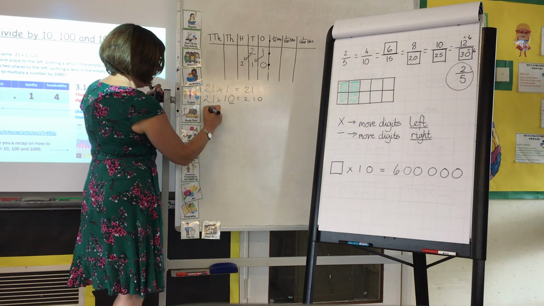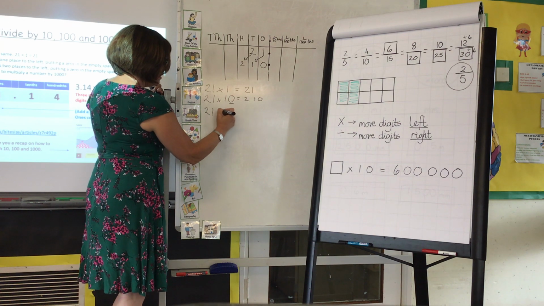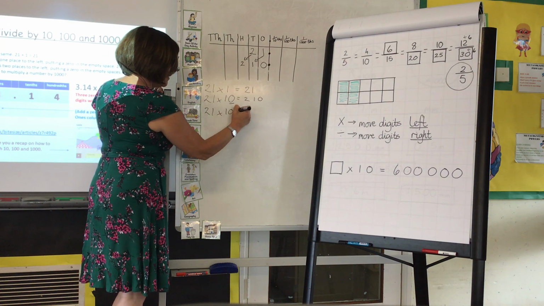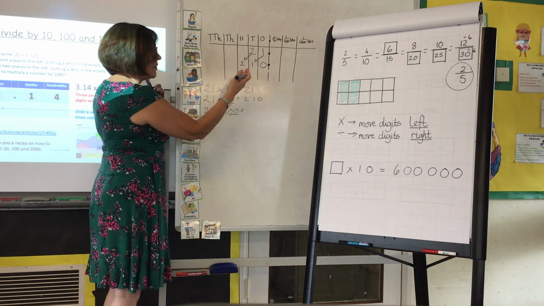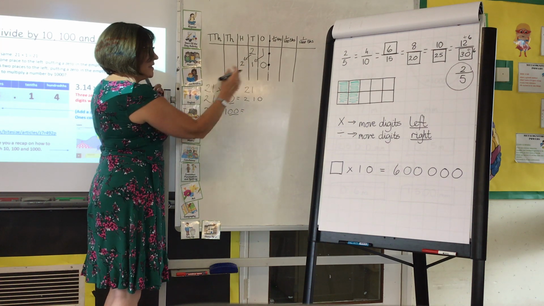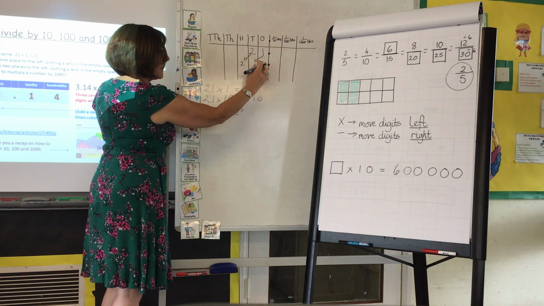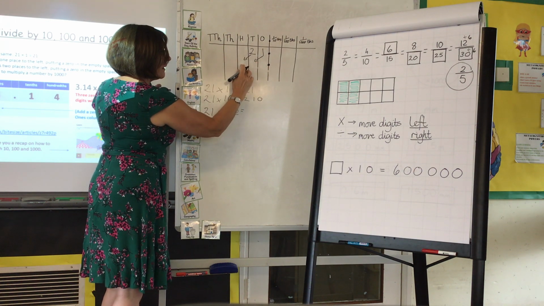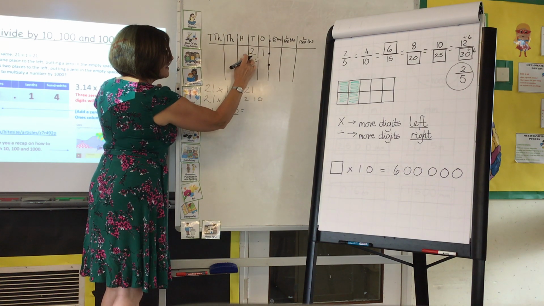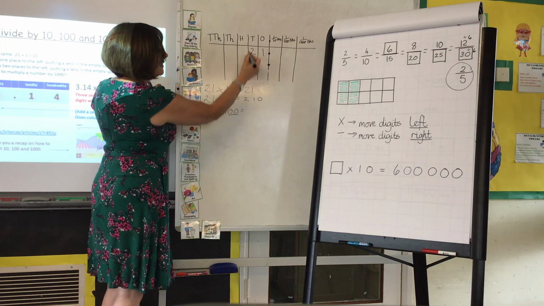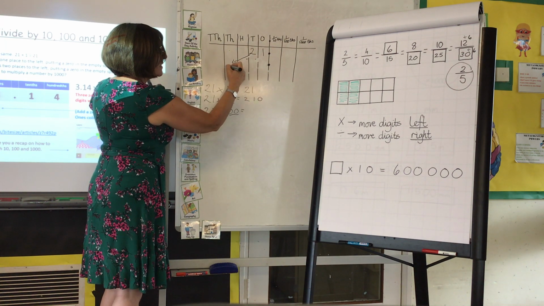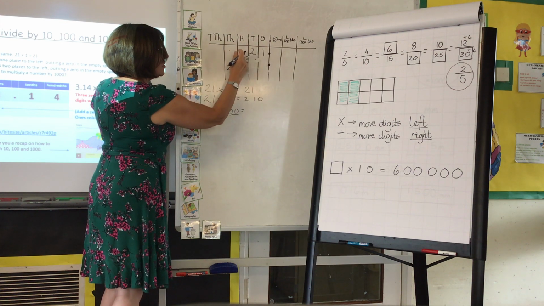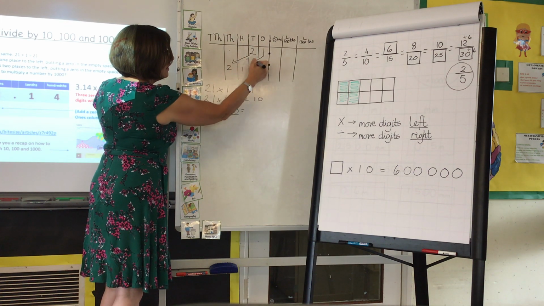Now similarly, if it's 21 times 100, there are 2 zeros, so we move 21 2 places to the left. In this case we count 1, 2, so that 2 ends up there, 1, 2, the 1 ends up here.